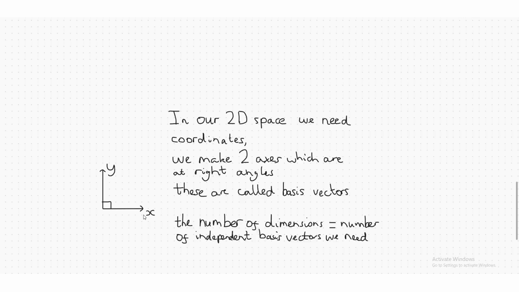So when we create our basis vectors, as we call them, which are the vectors that create our coordinate system, we first of all need the same number of basis vectors as there are dimensions. So for instance, if there's 3 dimensions, we would need 3 basis vectors, but they also all need to be going in completely independent directions, as in all linearly independent.